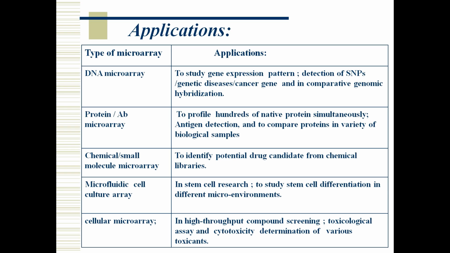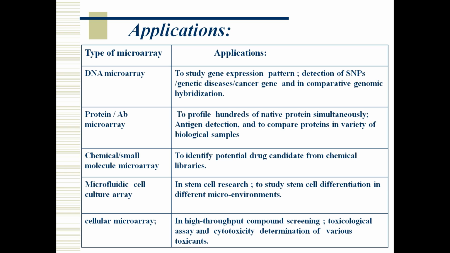Chemical or small molecule microarrays are used to identify potential drug candidates from chemical libraries. Whereas the microfluidic cell culture array is used in stem cell research to study stem cell differentiation in different microenvironments.